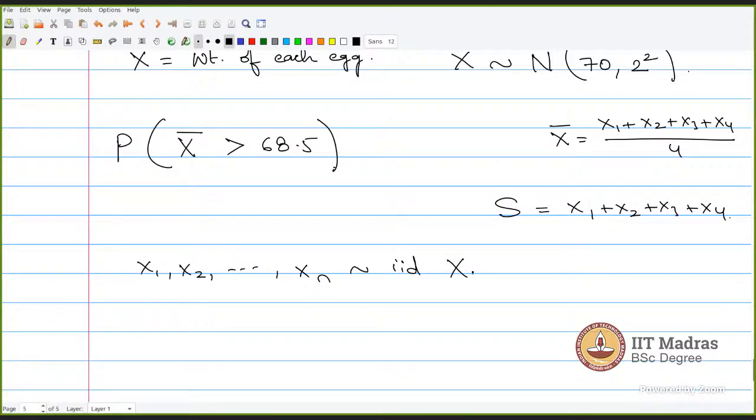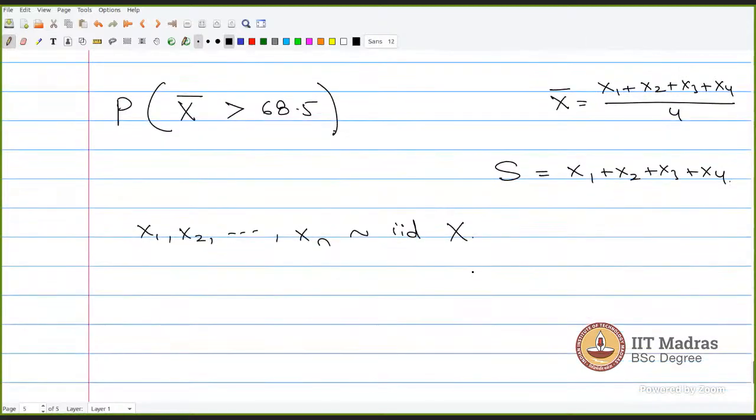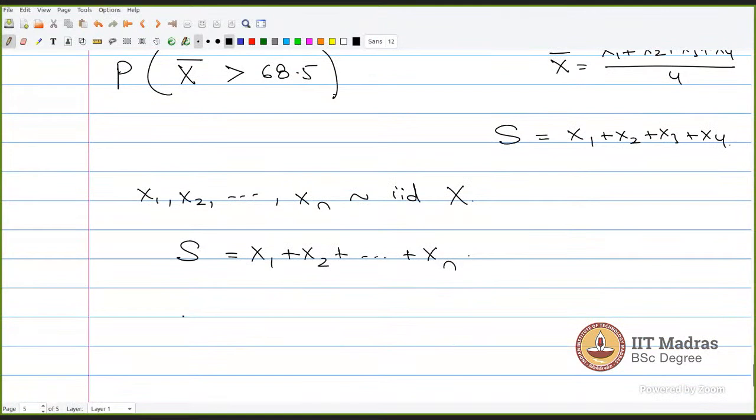What CLT does is, whatever the distribution may be, this particular thing S, which is the sum of the random variables, when you consider S minus n times mu divided by sigma root n, it follows normal 0, 1.